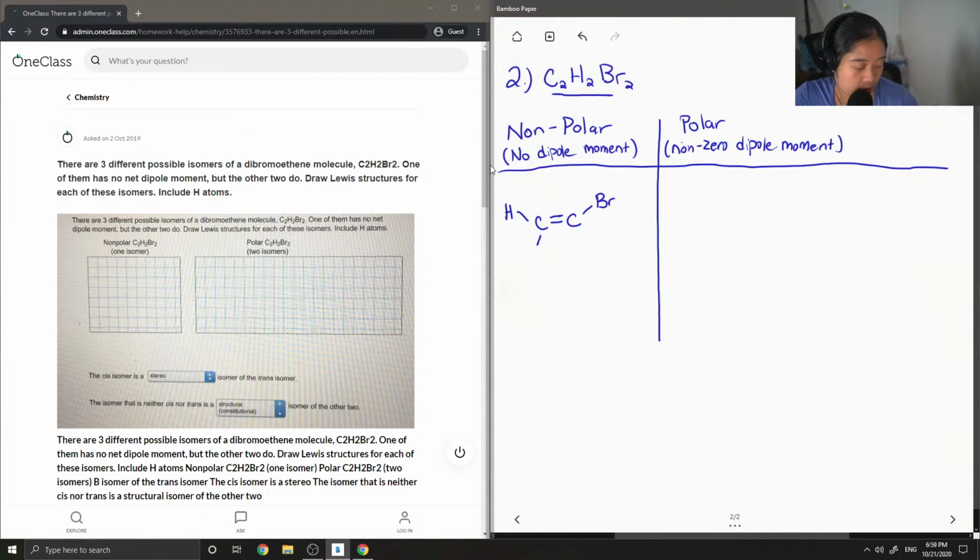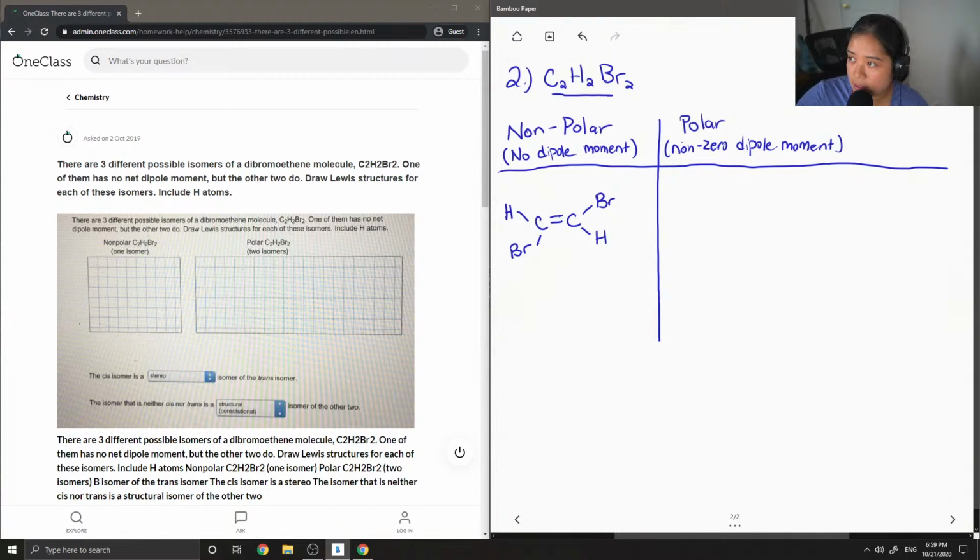But in order to not have a dipole moment, I'm going to make sure I write my bromine on the opposite end of the other bromine, and I'm going to make sure my hydrogens are also on the opposite ends. So you'll notice that these dipole moments cancel each other out.